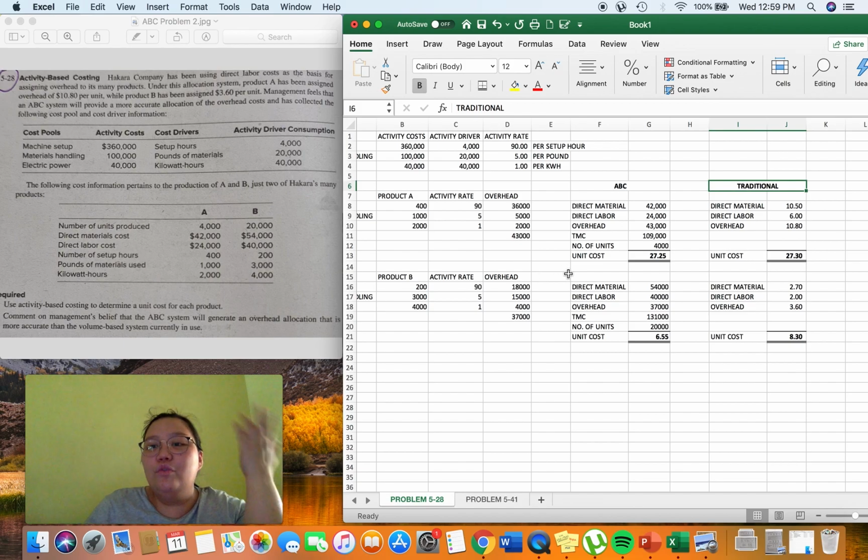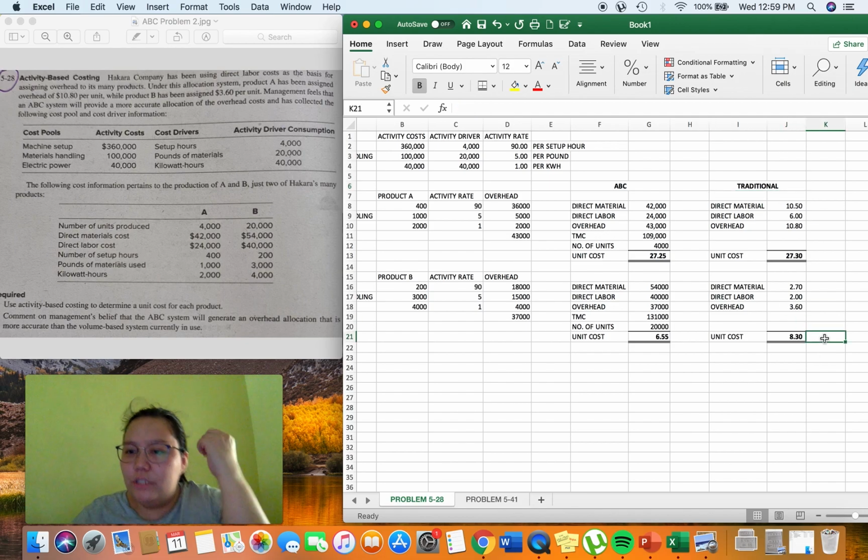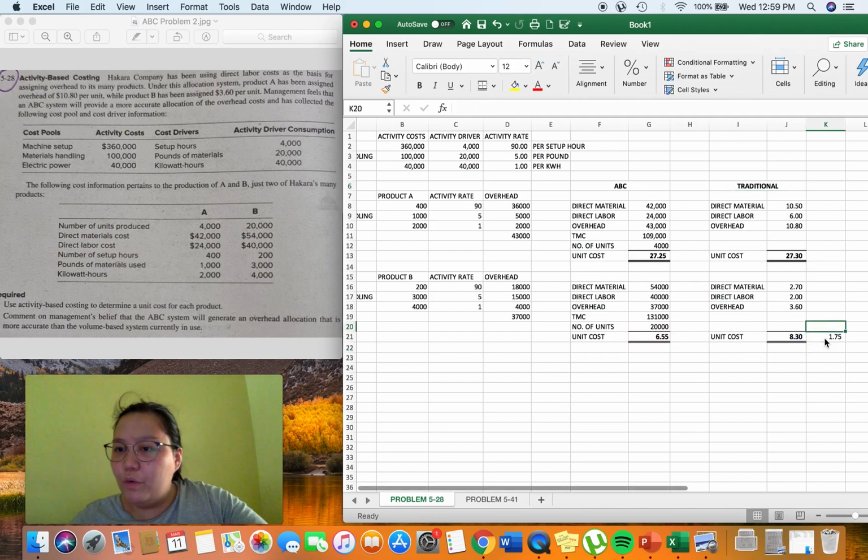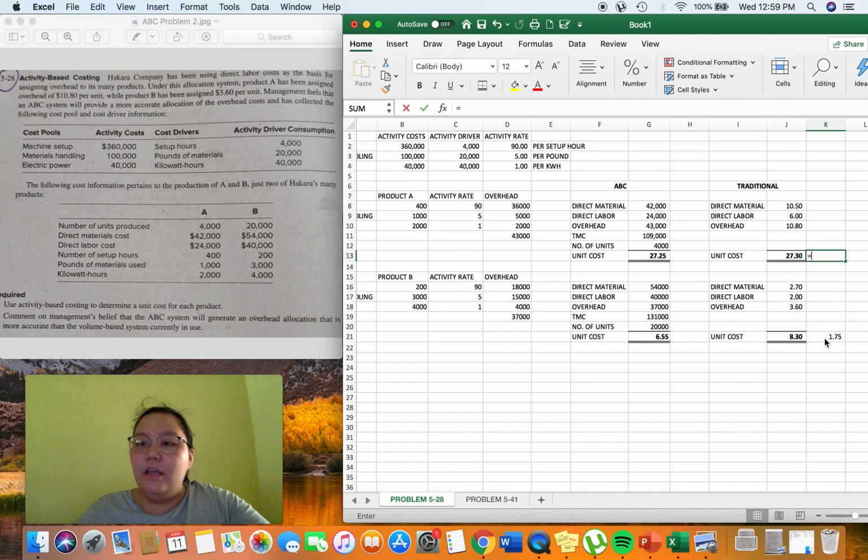So the difference is only 0.75. But as far as product B is concerned, diba? For product B, there is a difference of 1.75 per unit. And then for product A, the difference is only 0.05 per unit.